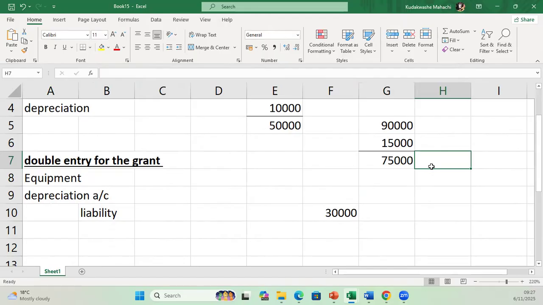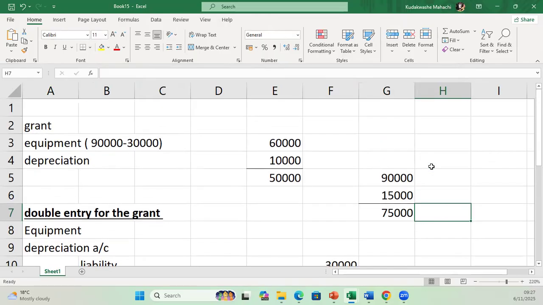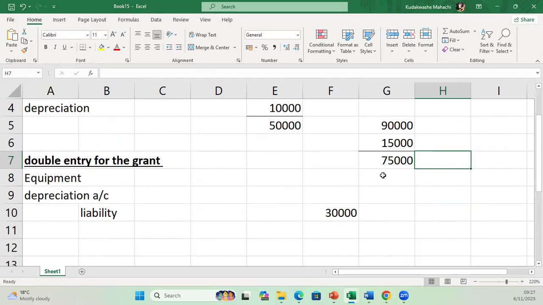So it means the carrying amount should have been 75. So 75 minus 50.